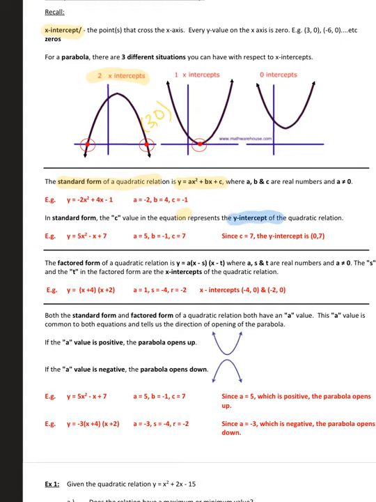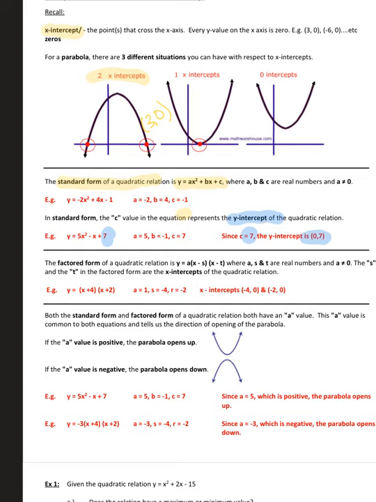So whatever number is trailing at the end and it's not attached to a letter, that's going to be the y-intercept of the graph. So if I'm looking here at y equals 5x squared minus x plus 7, what that means is that this 7, that's my y-intercept. And we could write the y-intercept as 0 and 7 because remember, if I'm crossing on the y-axis, I have no x value.